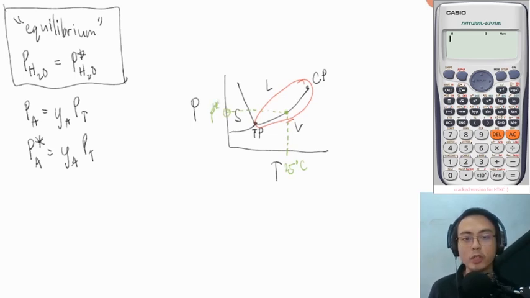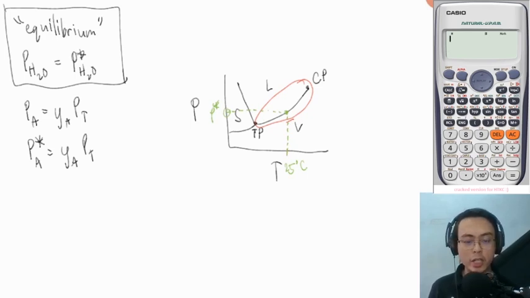For example, for water at 25 degrees Celsius, the vapor pressure is 23.8 millimeters of mercury. If you locate 25 degrees Celsius and then locate exactly where the two lines intersect, you see that the vapor pressure reads 23.8 millimeters of mercury.